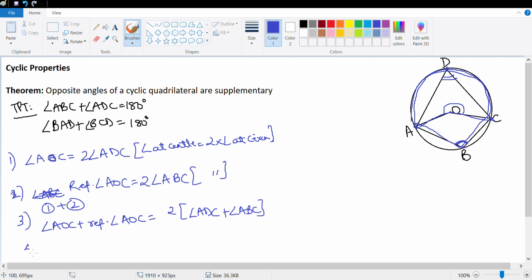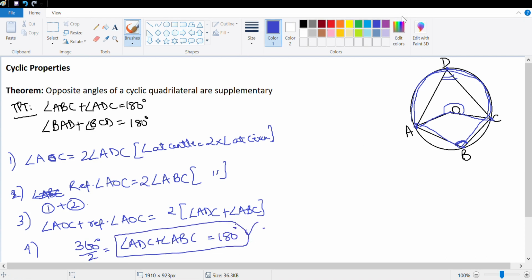Reflex angle plus this angle is 360 degrees, so 360 upon 2 would be equal to angle ADC plus angle ABC, which means this is equal to 180 degrees. Done. Similarly, if I take these 2 angles, I will be able to prove that angle A here and angle C here are supplementary.